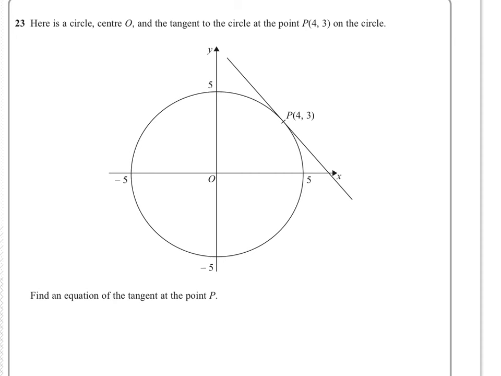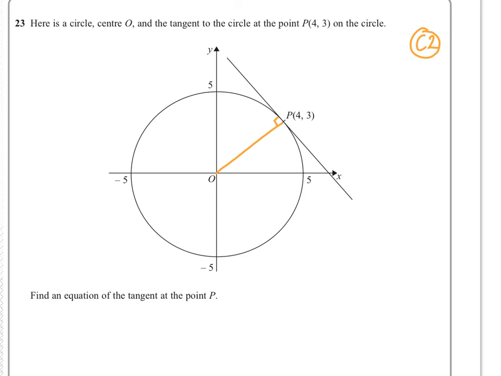Know your circle theorems quite well, because one thing you should know, and this crops up a lot at A level, and these kind of questions appear in C2, which is Core 2 at AS. So my advice to you is know that the angle between a radius and a tangent is 90 degrees.